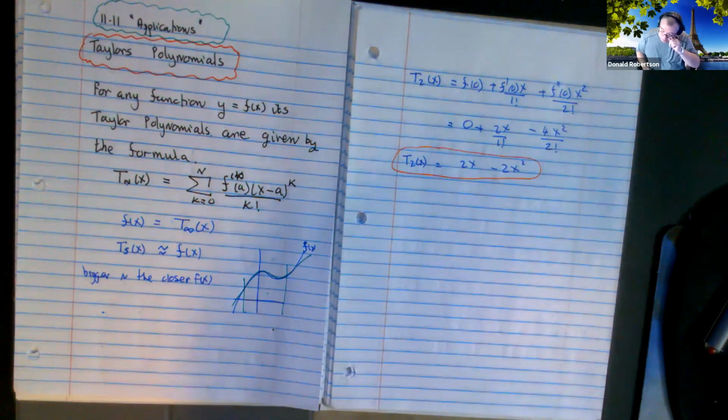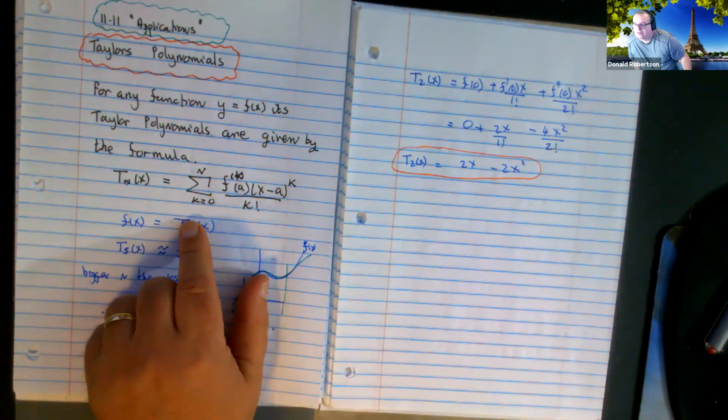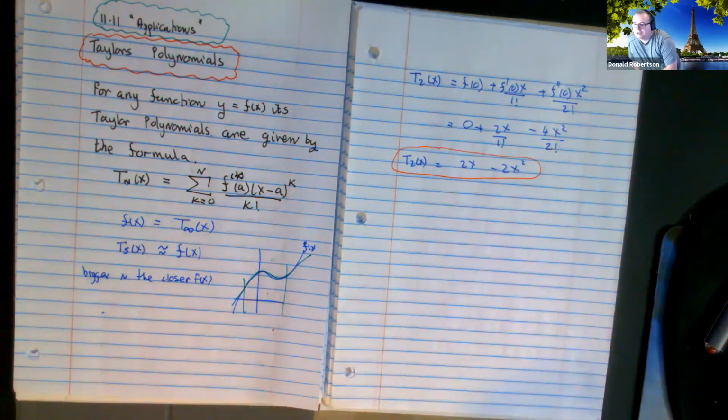Because what you don't want to have to do, imagine, let's be silly, imagine you wanted to do a function, but you were only interested in values of x around about 100. If you did a Taylor polynomial centered at 0, wouldn't you probably need thousands of terms to be good at that far out place, right? At x is 100.